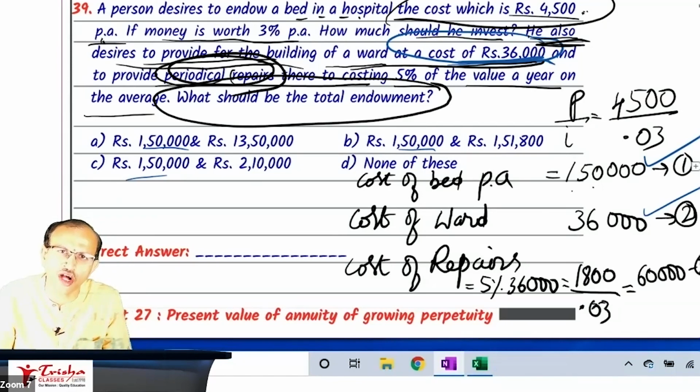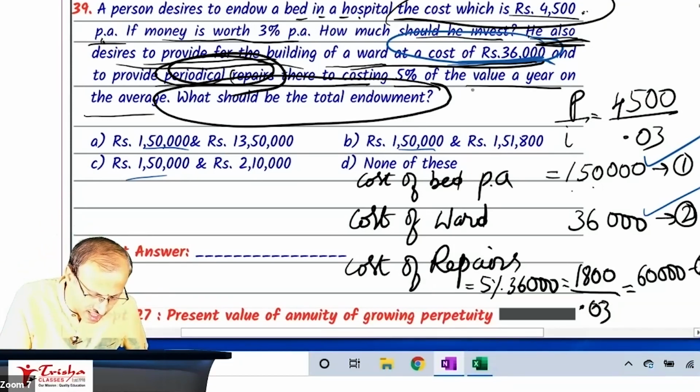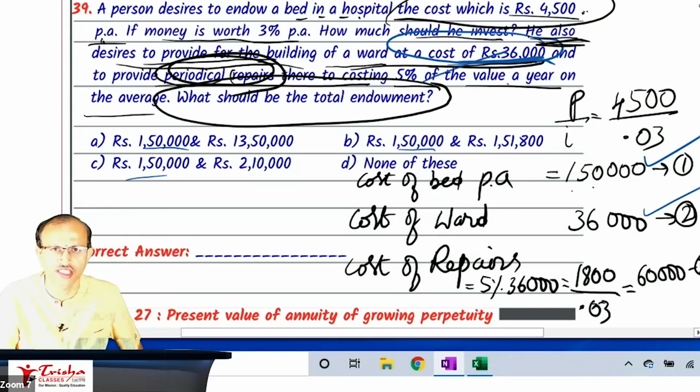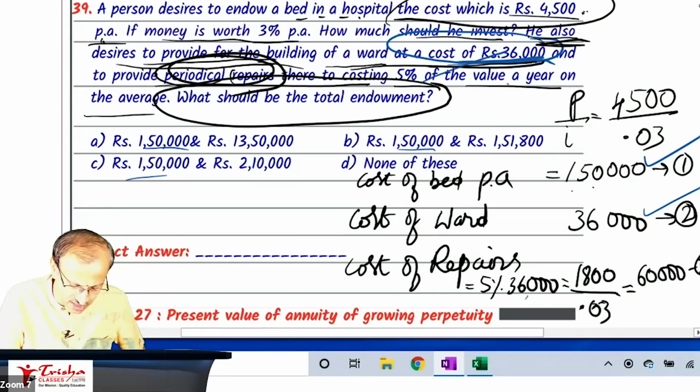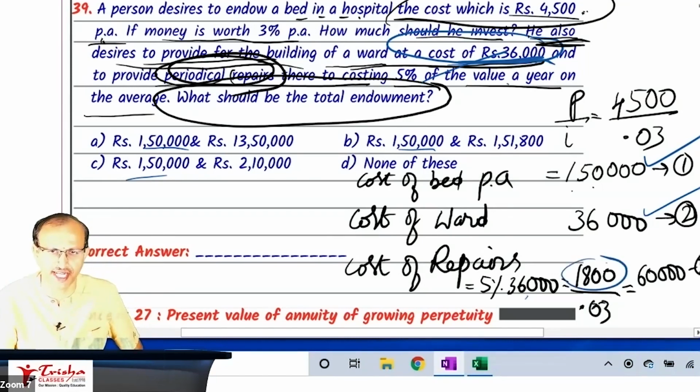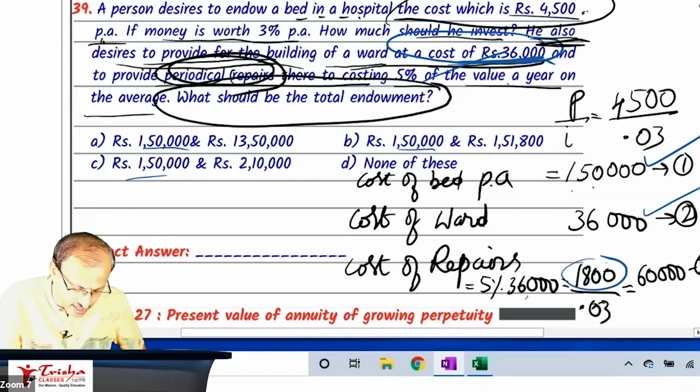Periodical repairs on what? Obviously on the building, on the construction, not on the cost of the bed. Only on the construction part, which is 5% of the value. 5% of which value? 36,000. 5% of 36,000 comes to how much? 1,800. Is it once or every year? Cost of repairs every year, per annum.